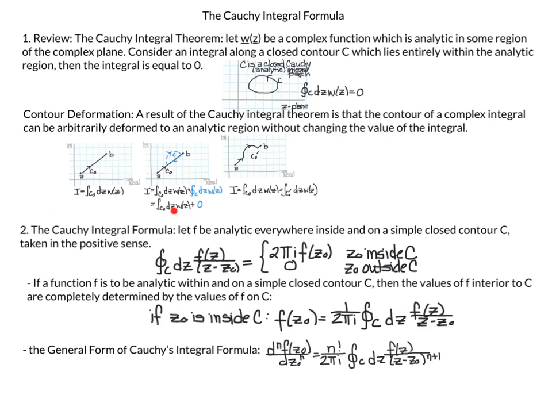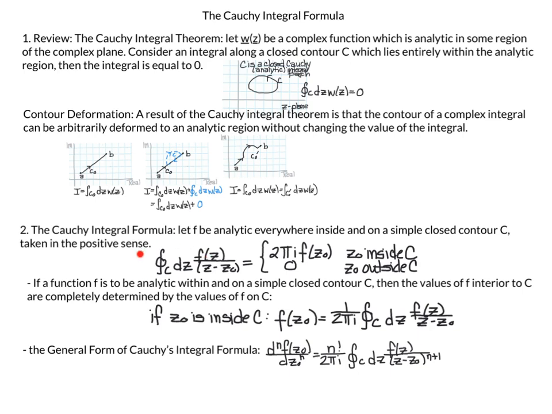And then the main part of our video, the new part, was the Cauchy integral formula, which says: let f be analytic everywhere inside and on a simple closed contour C, and C is taken in the positive sense. In other words, the direction is counterclockwise and it's closed.